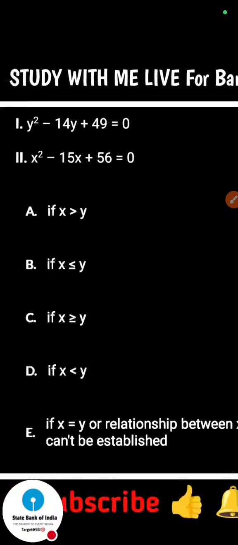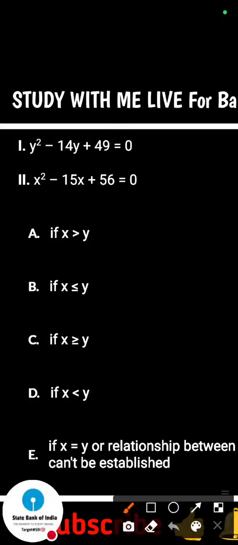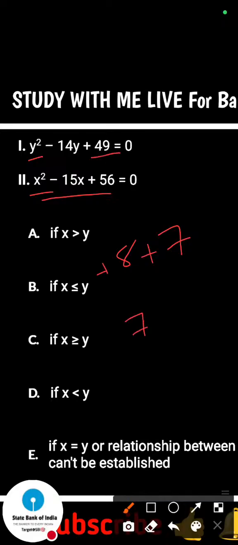This question, see this one, here it is y, here it is x. First we are going to deal with x. 7 8 7 times minus and plus means both the roots are positive. 7 7 times minus and plus both the roots are positive, so it is clear that x is greater than or equals to y.